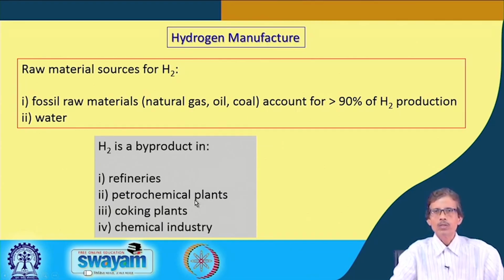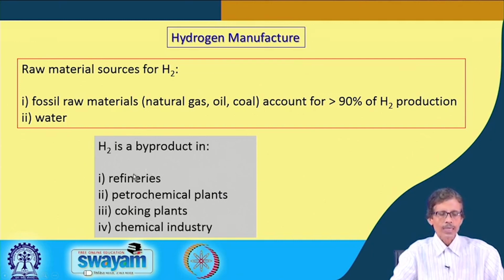So, during electrolysis of sodium chloride, we get chlorine production, sodium hydroxide production, as well as a very interesting byproduct, our hydrogen.